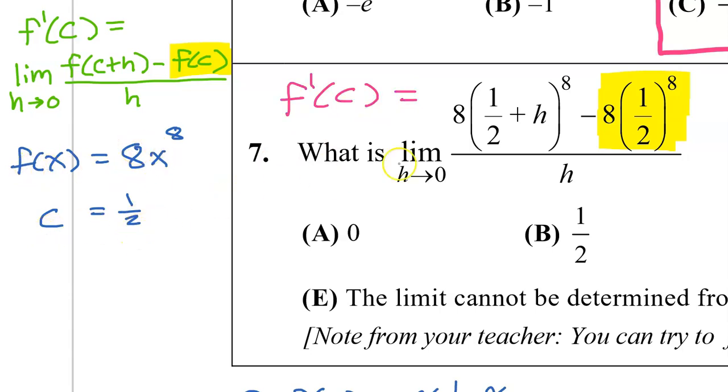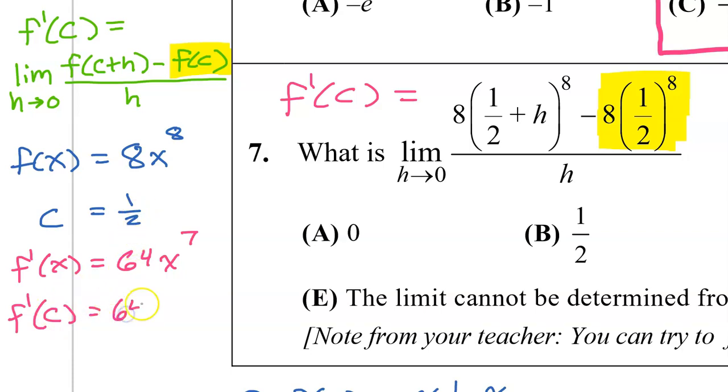So the quickest way to evaluate this limit would be to evaluate f prime at c using our derivative rules. So let's start by finding f prime at x. Using the power rule, 8 times 8 is 64. So that's 64x to the 7th power. And then f prime at c means f prime at 1/2.